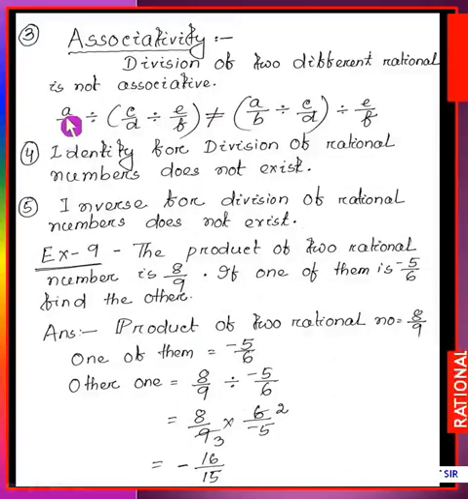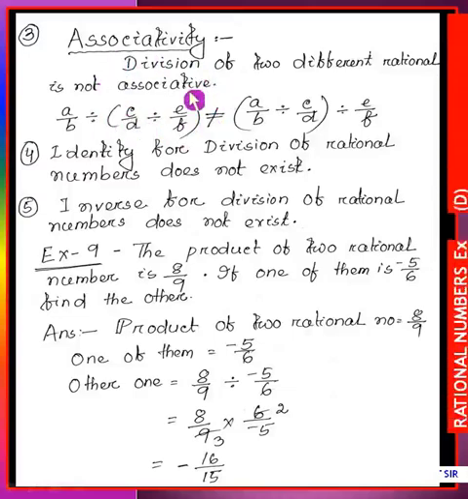If A by B, C by D and E by F are three different rational numbers, then A by B divided by C by D divided by E by F is not equal to A by B divided by C by D divided by E by F. Observe that in the last two the bracket is on the last two, and in the first two the bracket is on the first two. So for associativity, you can take any example and verify it yourself.